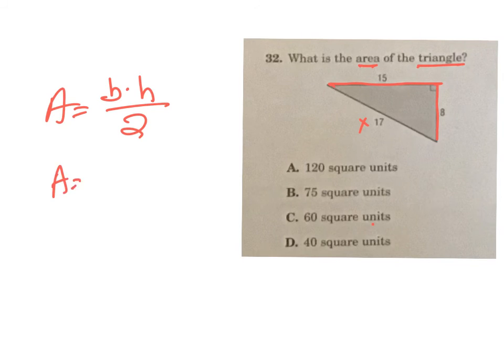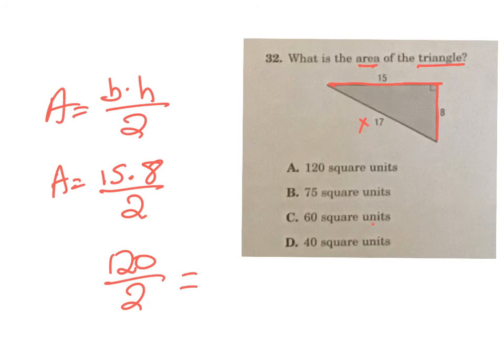So area equals 15 times 8 divided by 2. 15 times 8 is 120. We divide that by 2, and it gets us 60 square units. You need to know how to find the area of a triangle.